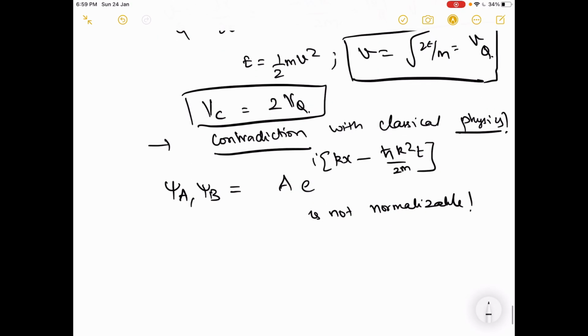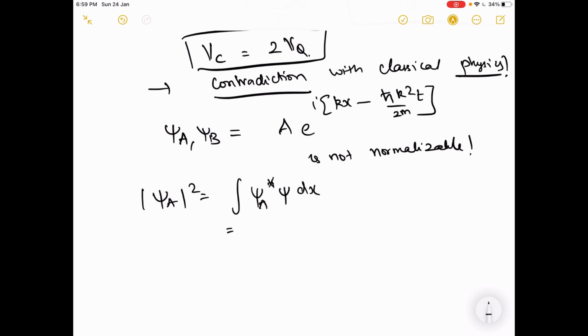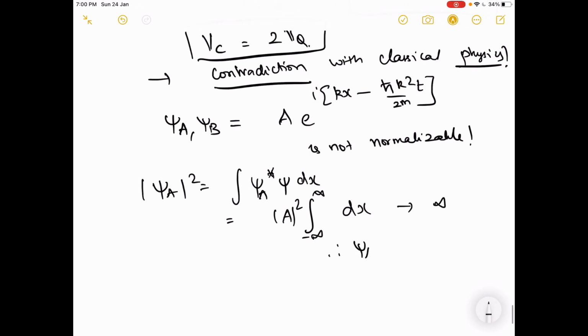Right? So let's take this. What's the magnitude of psi a? Which will turn out to be the integral from minus infinity to infinity of the modulus squared dx, which is actually infinity. So psi a is not square integrable.